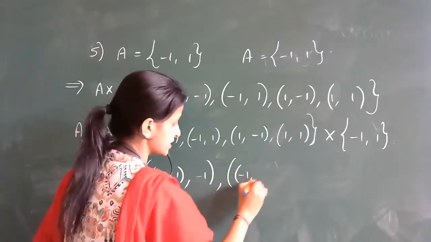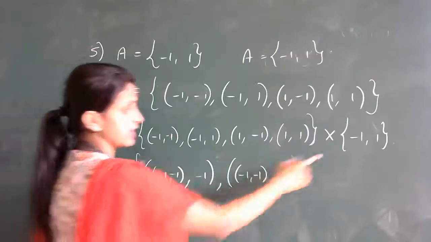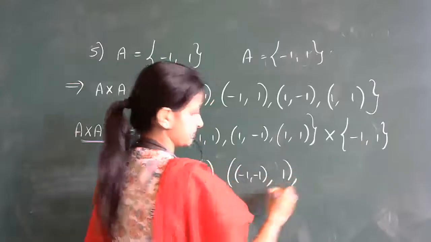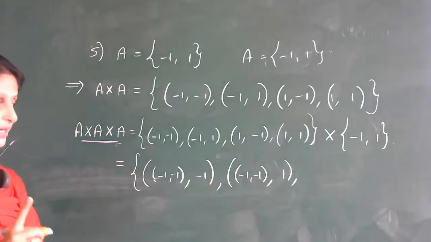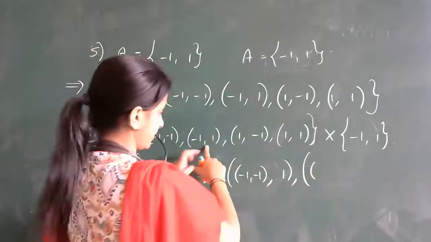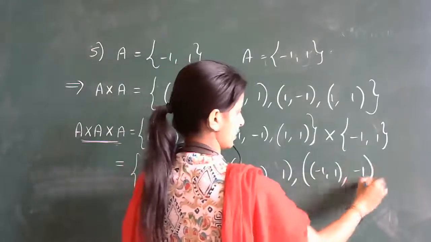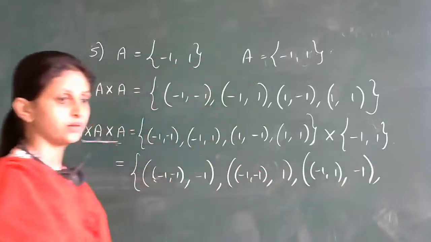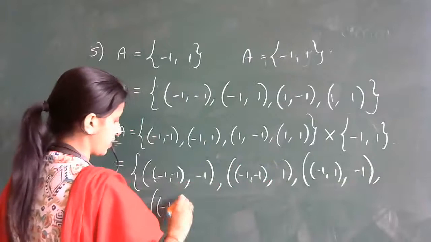First I will write this minus 1 comma 1, and then you will take the second element, minus 1. Right? I hope everyone is understanding.